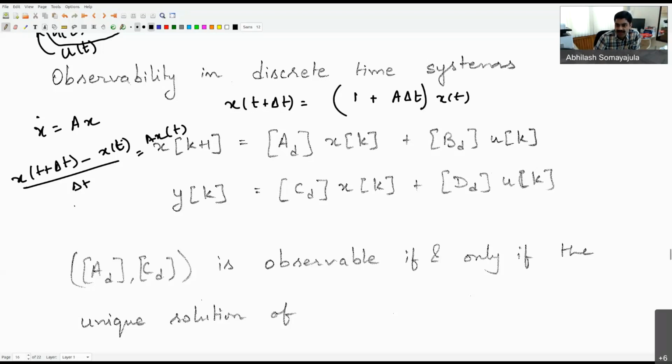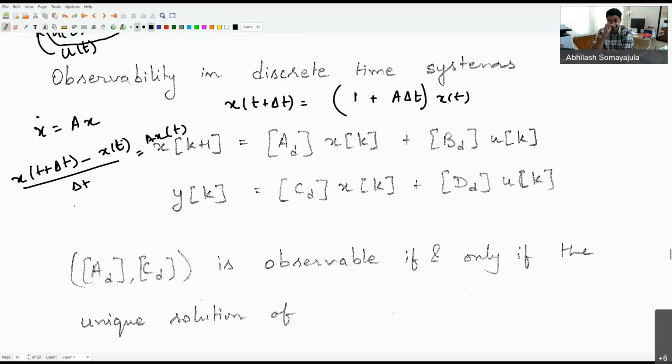Now, if I chose a different discretization scheme, say Euler's backward scheme, you'll see that the plus sign becomes a minus sign. Right? And then you're actually looking at a slightly different problem. And you're actually looking at 1 time step behind rather than 1 time step forward.